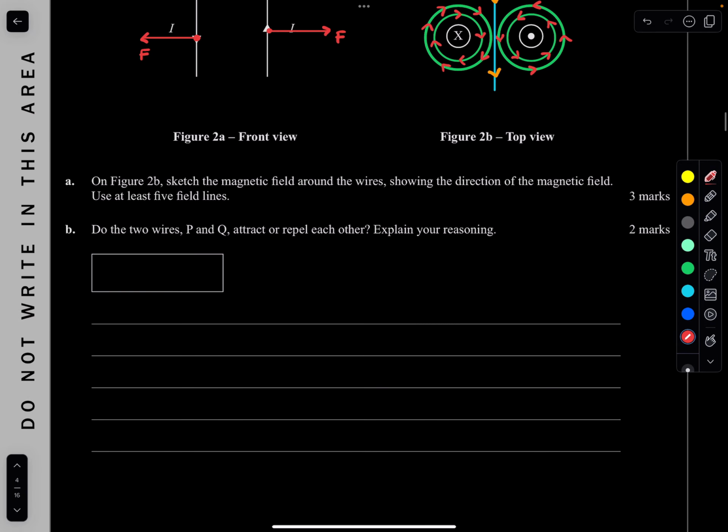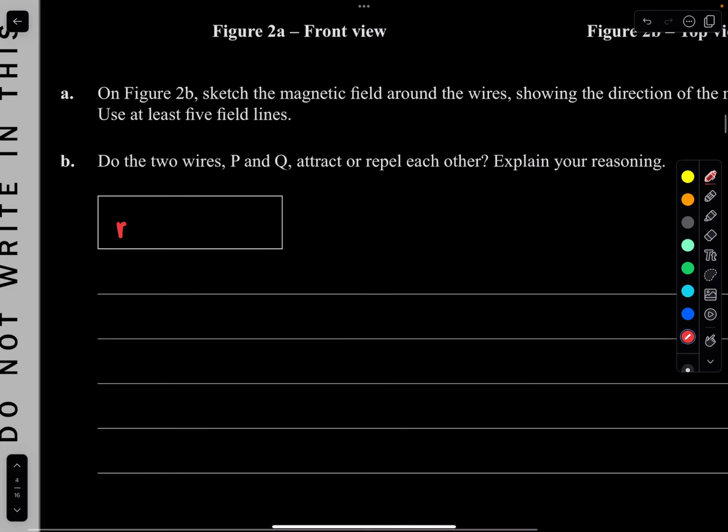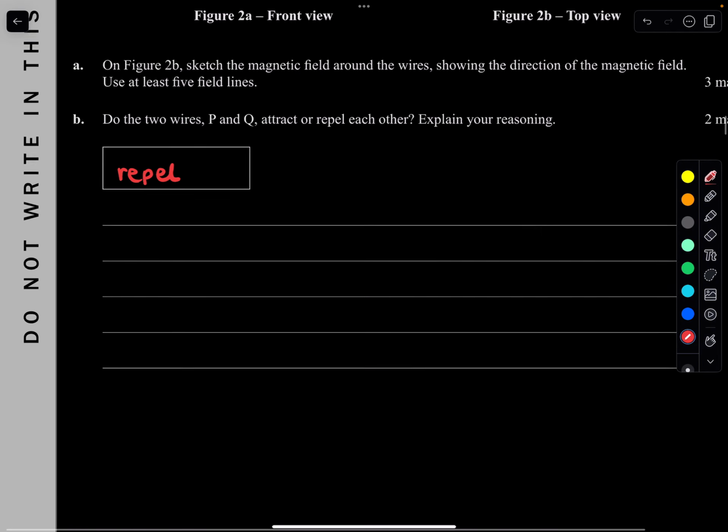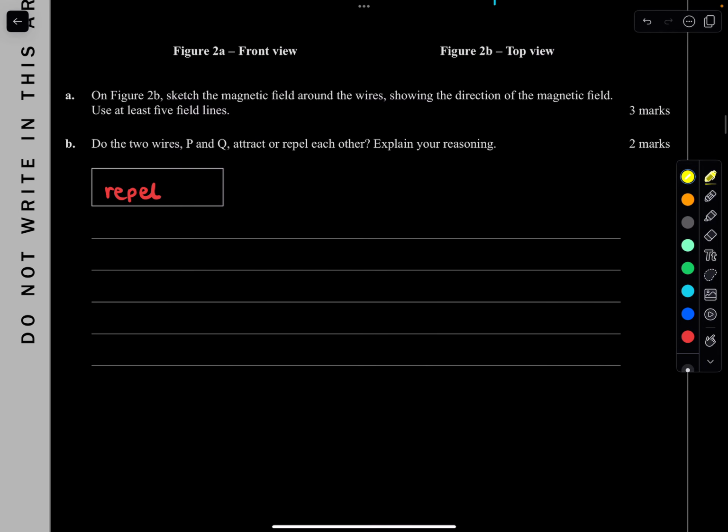Easy. And we'll explain how we did that. So, repel, basically. Okay, let me zoom in a little bit.